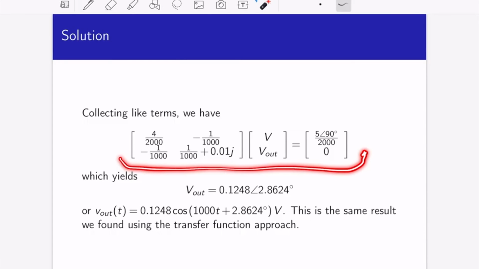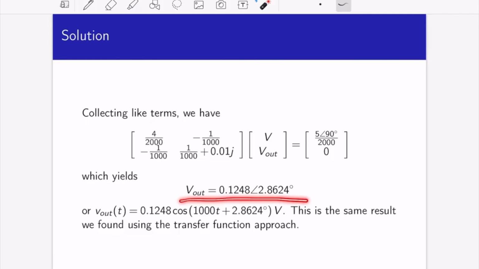You can plug it into your calculator. Not every calculator will solve systems of complex equations, so please be aware of what your calculator can do. MATLAB can solve this, of course. And when we solve for V out, we end up with 0.1248 as the magnitude, and the angle is 2.8624.